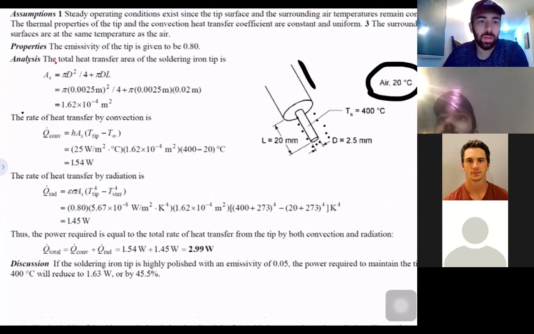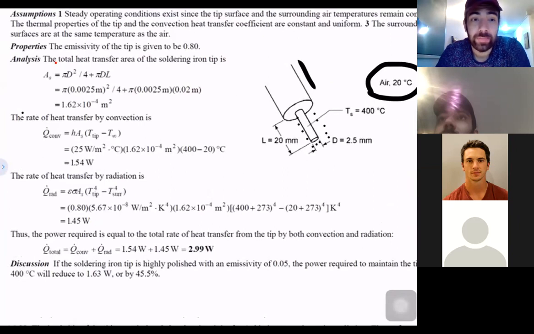For both kinds of heat transfer, both radiation and convection, I have the surface area, which is the common term between them. So the first thing I have to calculate is the surface area.